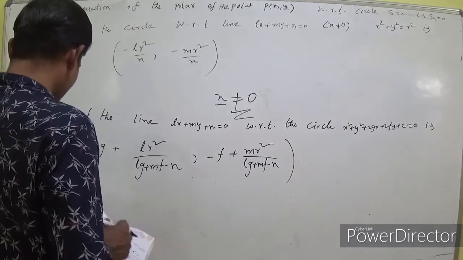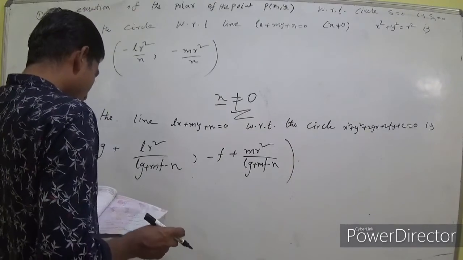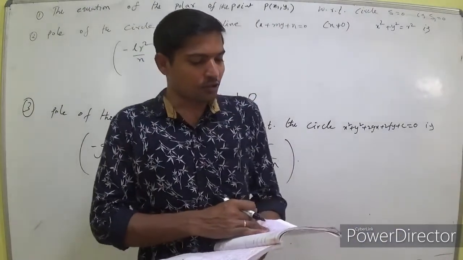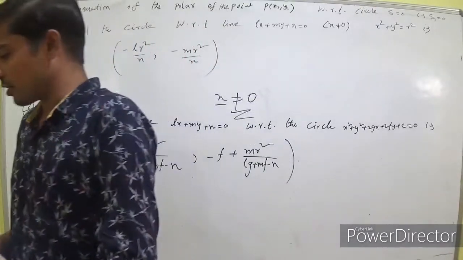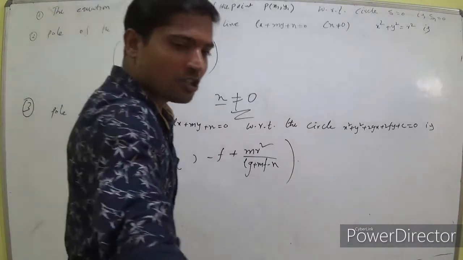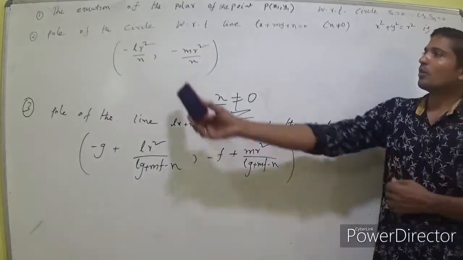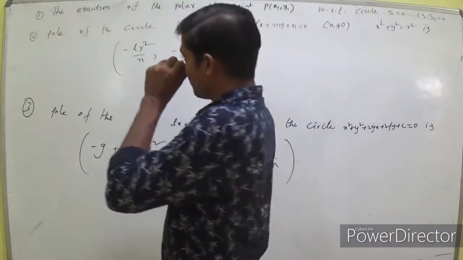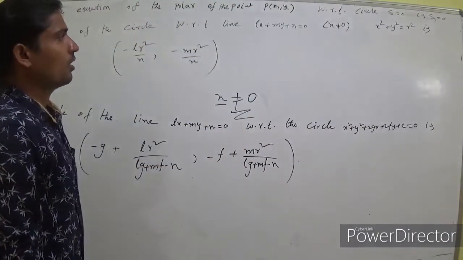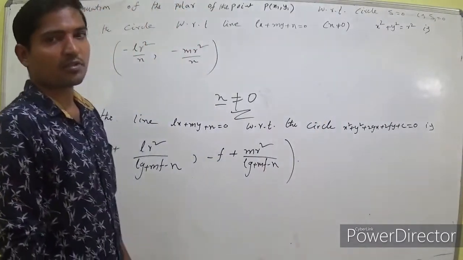Next thing is we have to discuss about the conjugate points. See the three cases here. Equation of the polar of the point x1 y1 with respect to the circle is S1 is equal to 0.